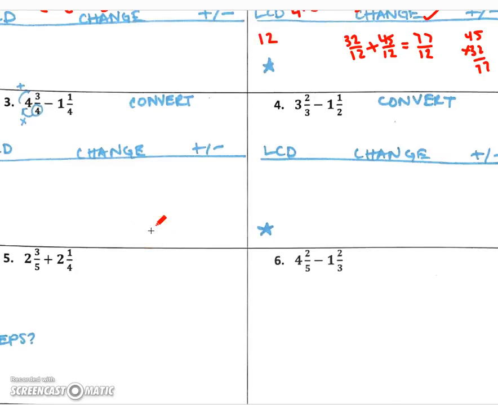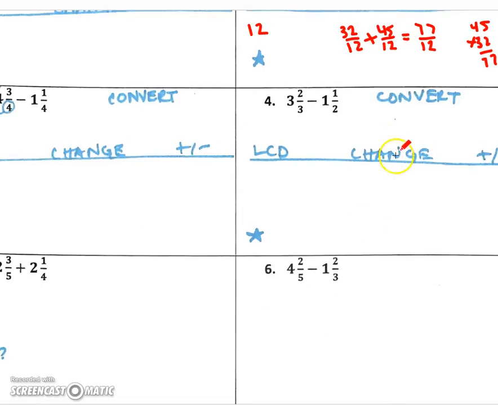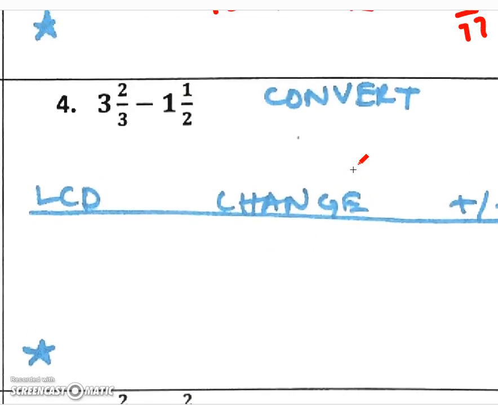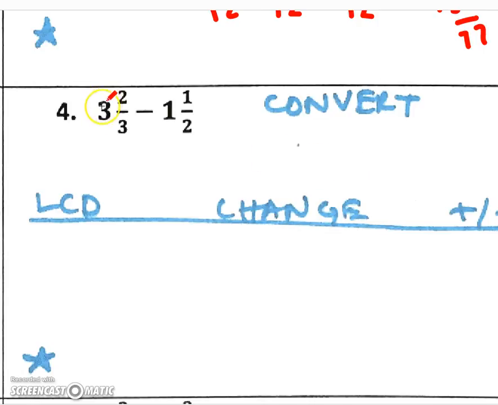I will go over 1 more. We'll do a minus problem just to mix it up a little bit. We'll do this one over here. We have 3 2/3 minus 1 1/2. First thing I have to do is convert. So I got to go around the world. 3 times 3, 9. 9 add 2, 11. 11 over 3.